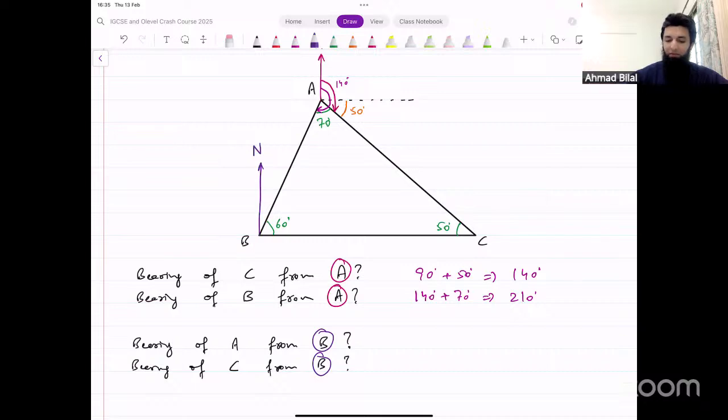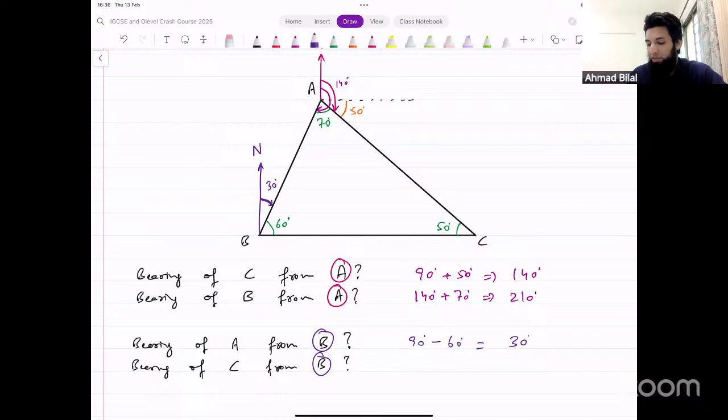What's the bearing of the point A, first of all? Go in the clockwise direction, find this angle. If this is 60, we know that this total angle is 90. So this remaining angle is going to be 30 degrees, right? So the bearing turns out to be 90 minus 60. That is 30 degrees. Now we have another convention for bearing, and that is we generally write bearing as 3 digits.